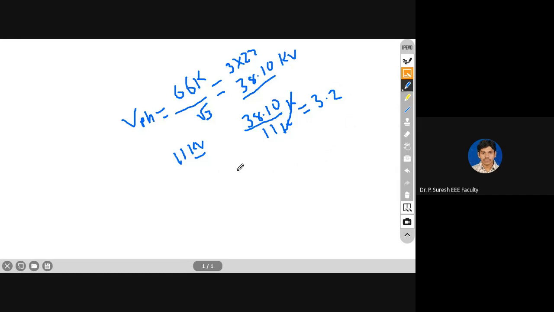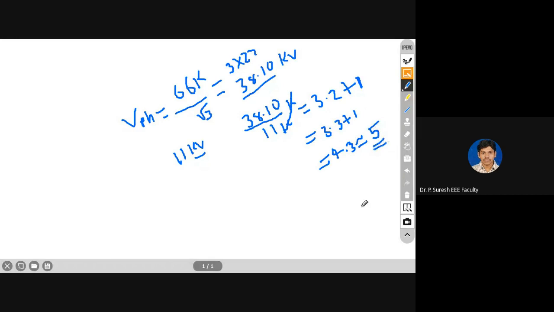The optimum number of discs formula is that we need to add one more disc. What is the purpose of this? Providing safety for the insulator. So 3.3 plus 1 is 4.3, and we make it the nearer integer value, that is 5.